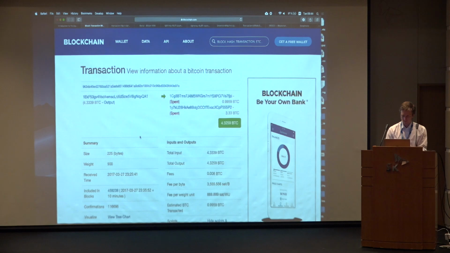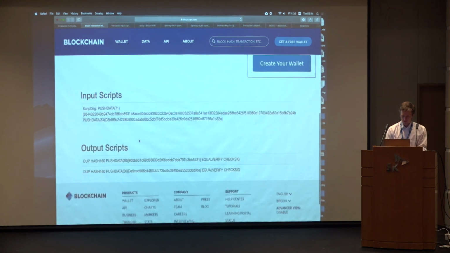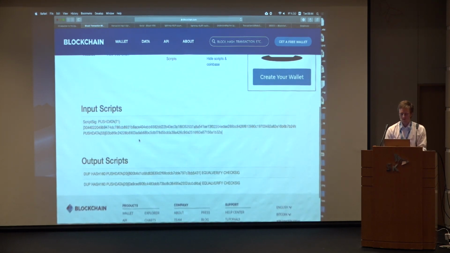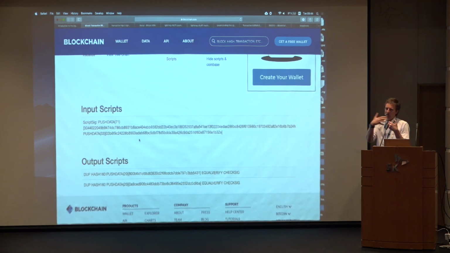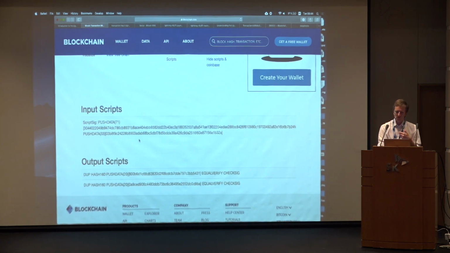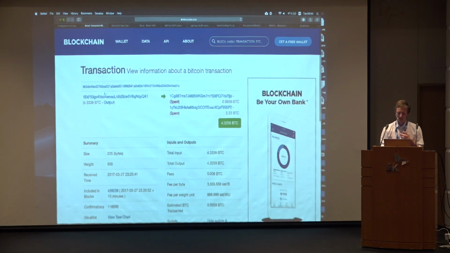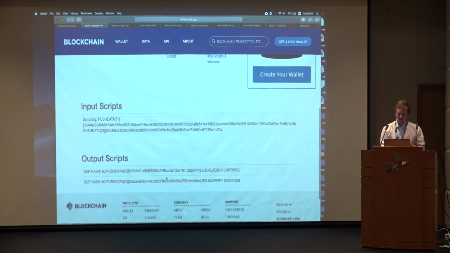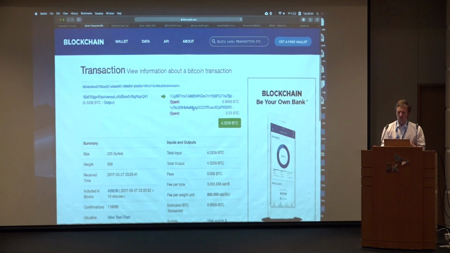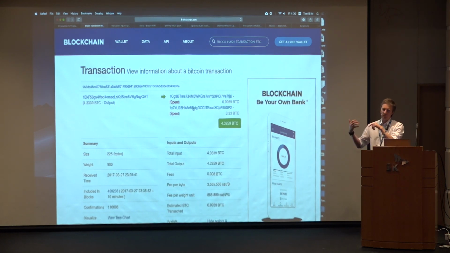And we have the scripts. So what are the scripts? Well, one unlocks the previous outputs. So I have to provide data which allows me to spend funds from that output. And then the second one provides details of how those two outputs can be spent. Who can claim the money on those two outputs, right?